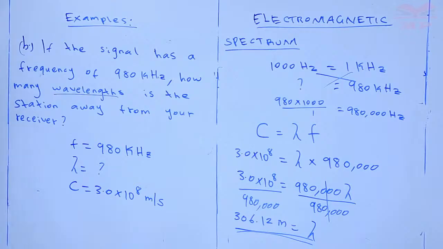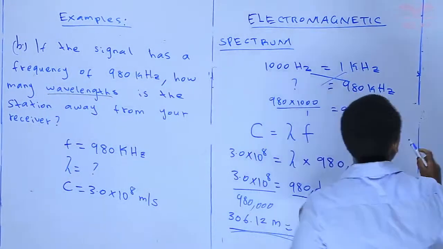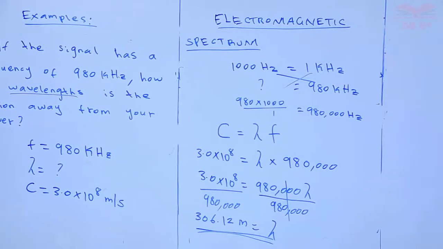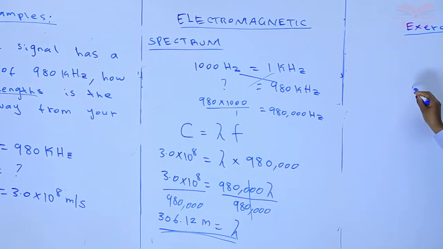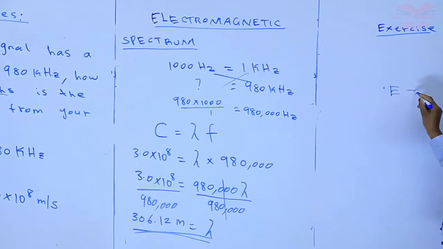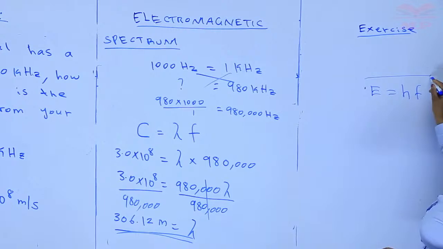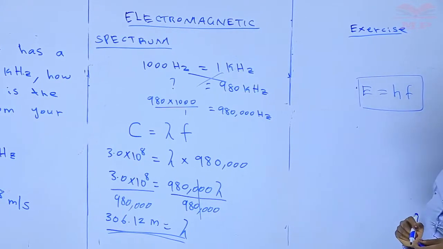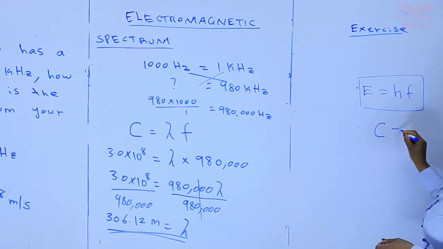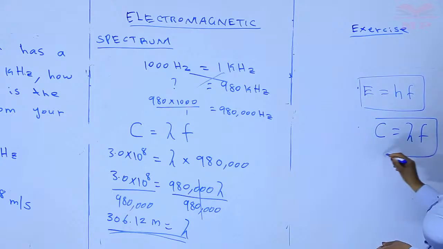As we have seen, always remember the formulas. The two major formulas that we have come up with: number 1 is the one relating energy and frequency, where energy is equal to Planck's constant multiplied by frequency. Number 2 is the wave equation, c equals lambda multiplied by the frequency.